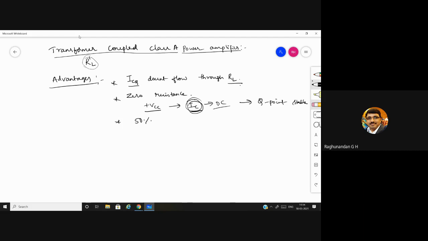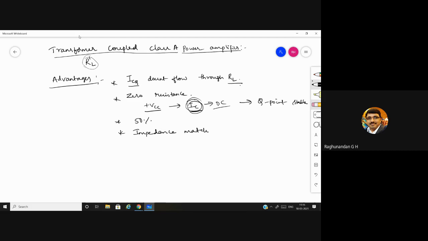50% is not a great efficiency, but still, when compared with the series fed class A amplifier, it is comparatively more. That is one advantage. And one more advantage is impedance matching.